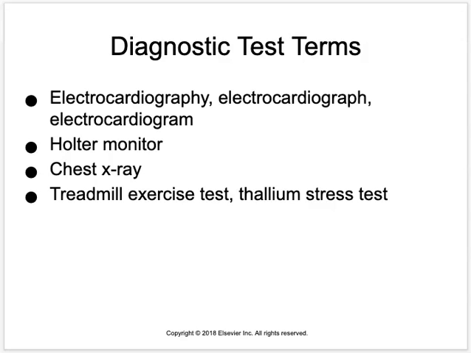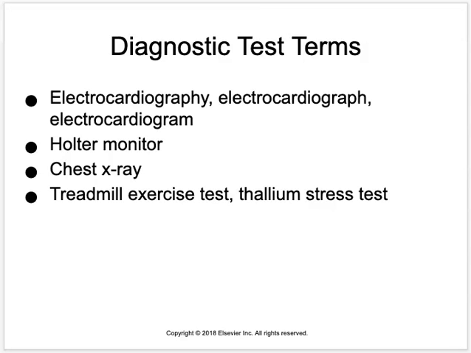The electrocardiograph would be the instrument used to record the electrical impulses of the heart. And then electrocardiogram would be the record produced from the electrical impulses of the heart. Okay, and electrocardiogram is also known as an EKG or an ECG.